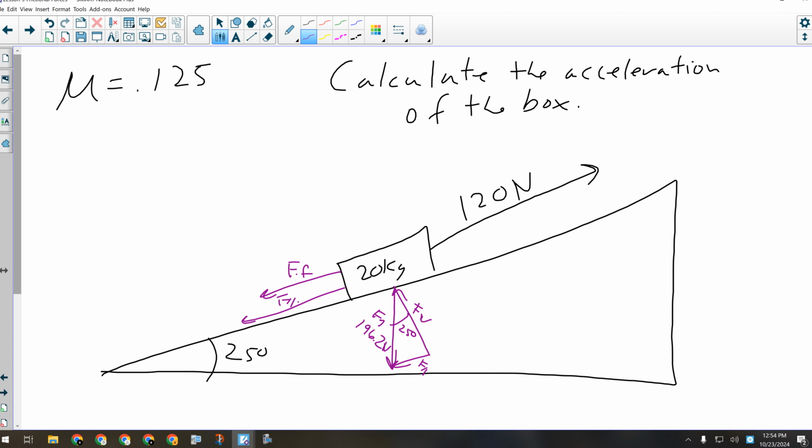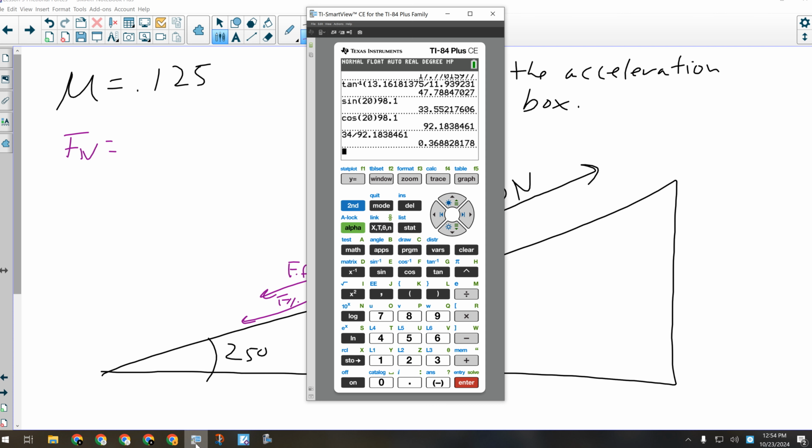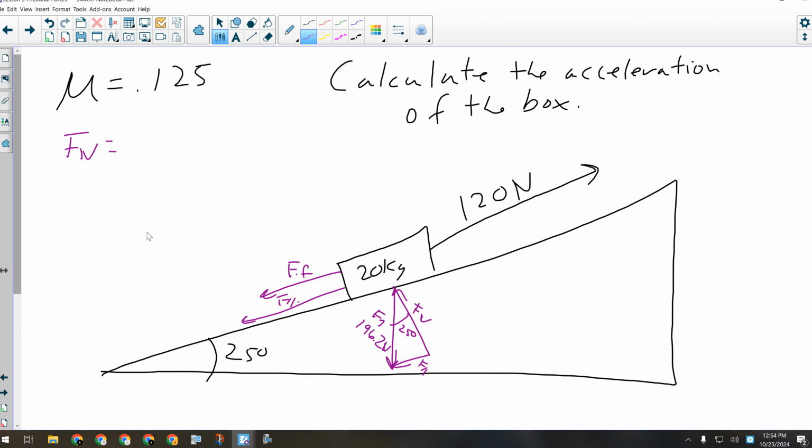All right, so I've got to calculate normal force. Okay, so that's going to be the cos of 25 times 196.2. Okay, so that side's 177.82 newtons.